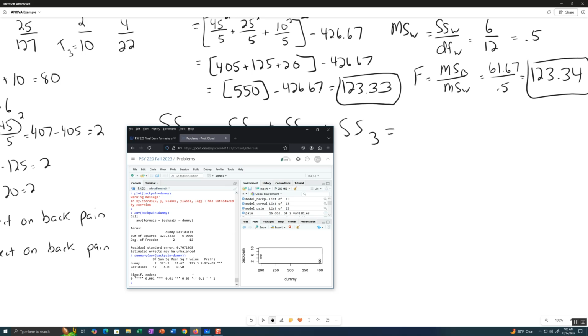So we may want to run the Tukey tests here. I'm going to have to call something a summary here. So summary back pain.